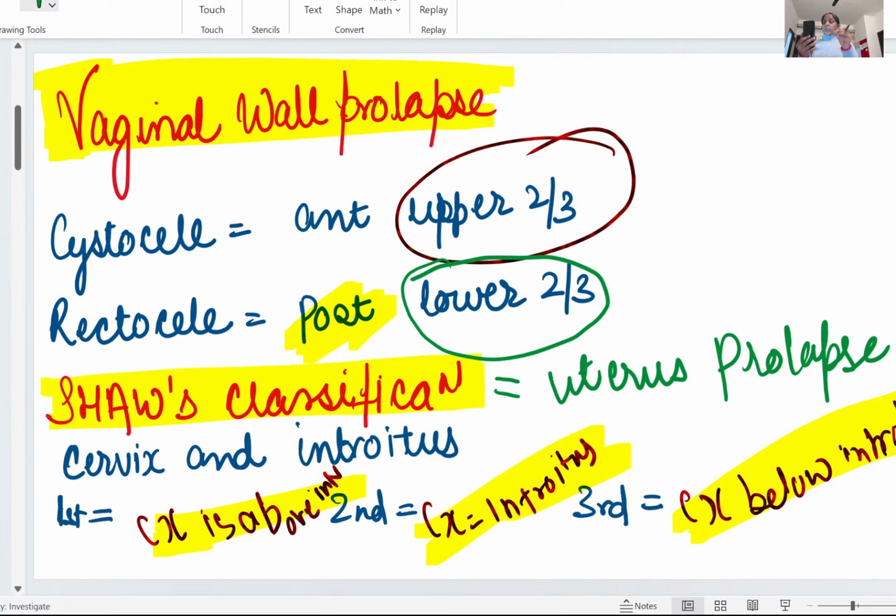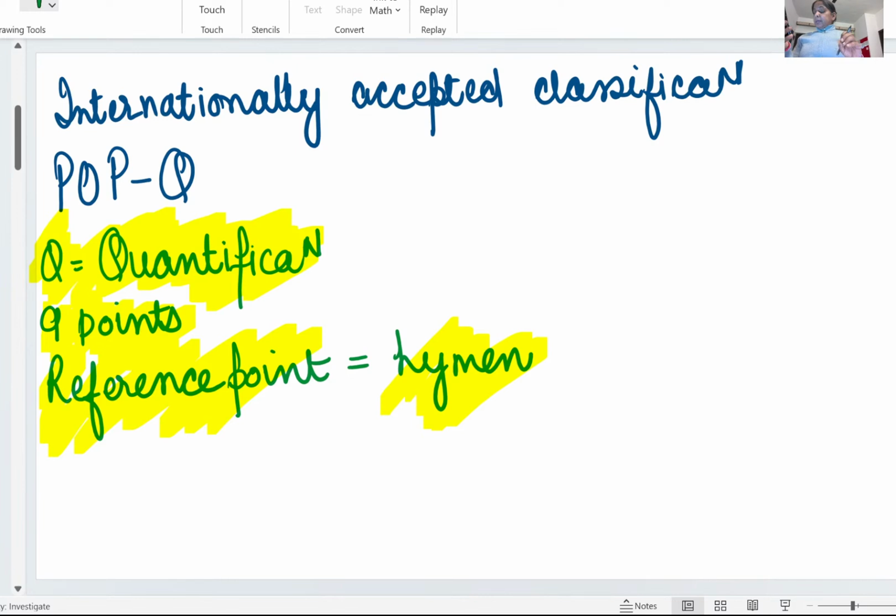What is the introitus? The opening of the vagina. If the cervix is above the introitus, it is first degree. If the cervix has come down and is at the level of the introitus, it is second degree. And if the cervix has come out of the introitus, it is third degree. Okay, understood?